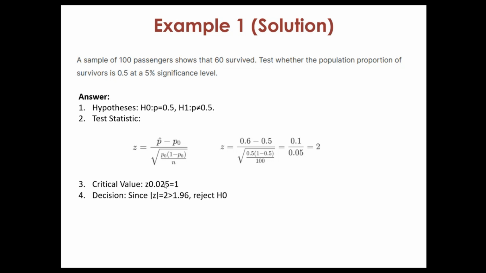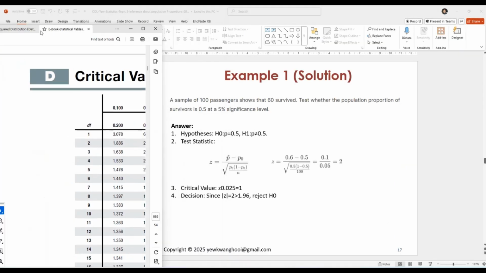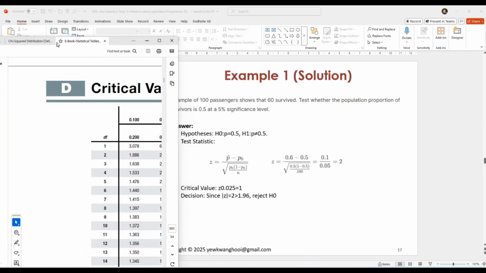So if you refer to the book, we will get the value of 1.96. So this is the e-book. We want to find the critical value of a normal distribution. So given the significance of 5% divided by 2, you get 0.025.